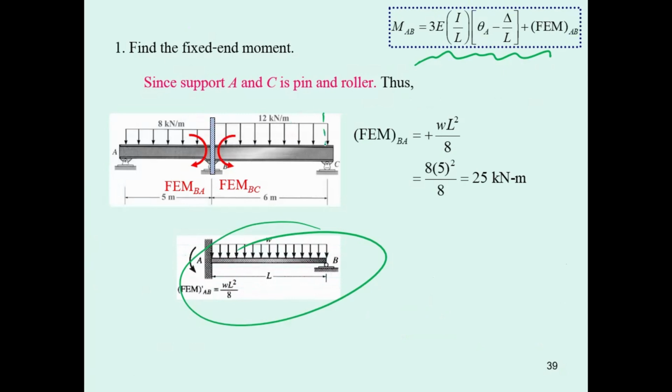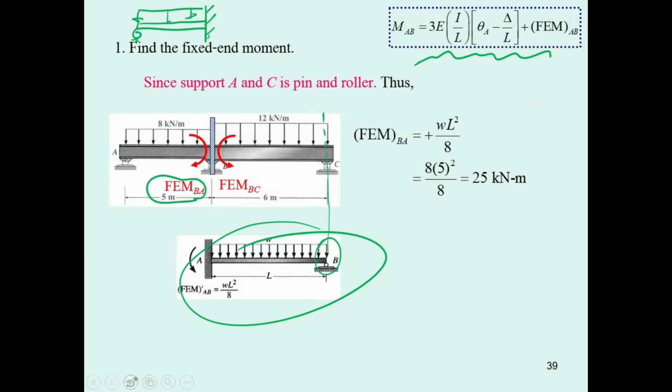And then this is going to be pin or roller. Okay. And then you got to be able to reverse it for this one, for BA.